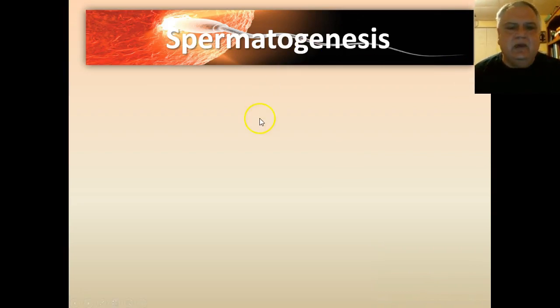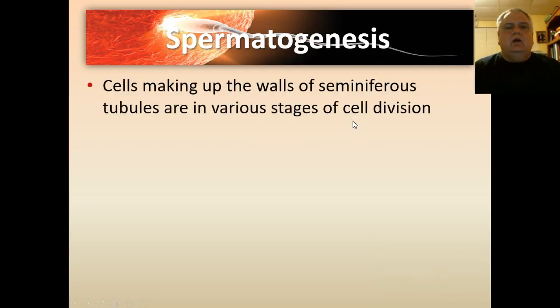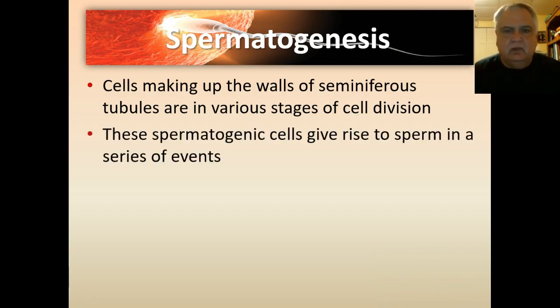Okay, now that we've taken a look at that, we can move ahead with spermatogenesis. So during spermatogenesis, cells that make up the walls of the seminiferous tubules will be found in various stages of cell division. These would be mitotic and meiotic cell divisions.